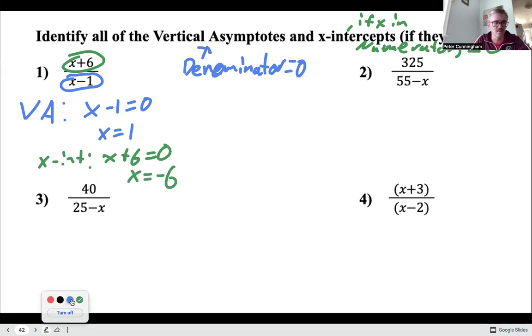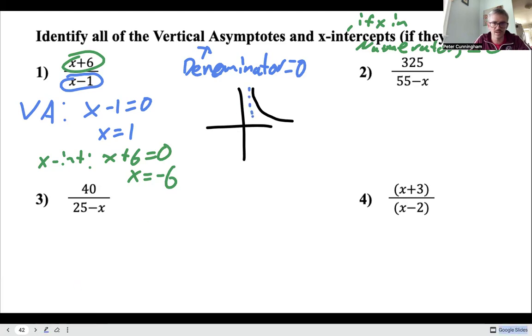Okay, now just to be clear of what this means, right? That means that this x equals 1. Okay, so if we had a graph here, it would come very close to where x equals 1.